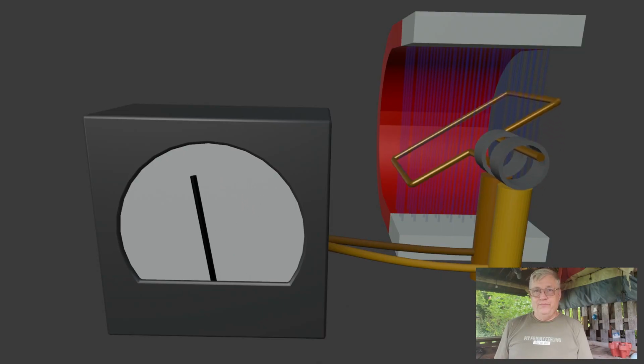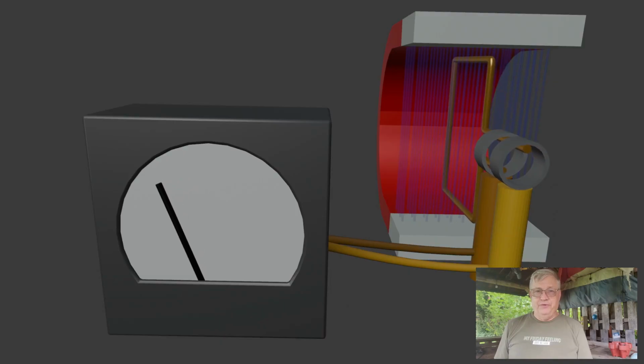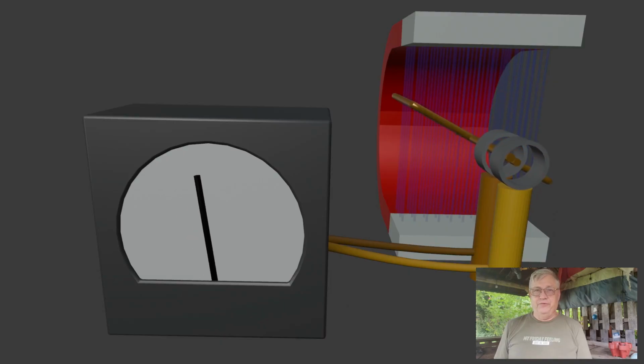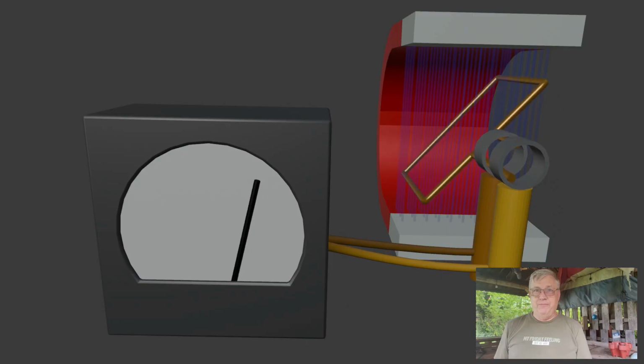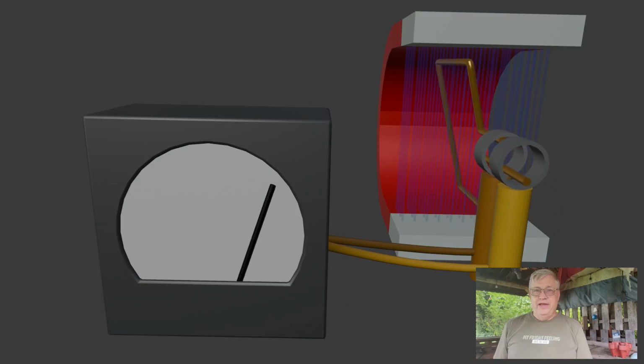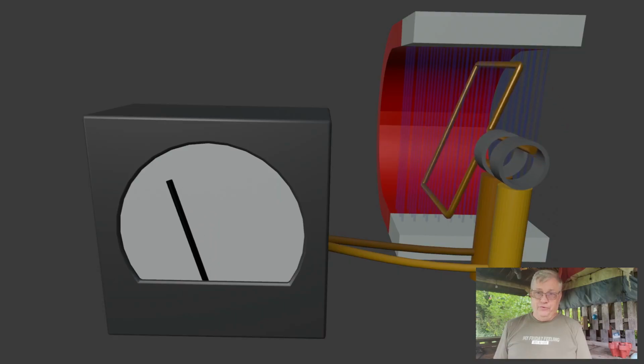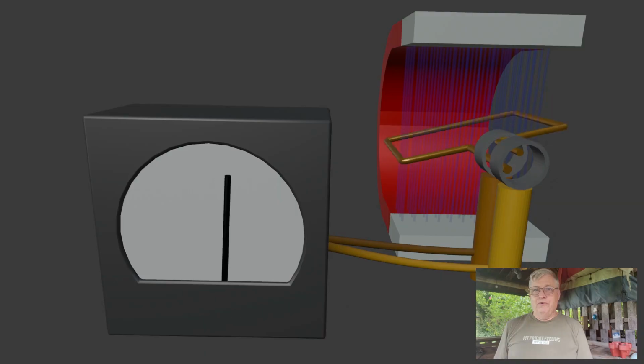As we rotate the coil until it becomes vertical with the magnetic field, we cut more and more lines of force, and an electromotive force, or a voltage, is generated within the coil, and if there's a complete circuit, then a current will flow.